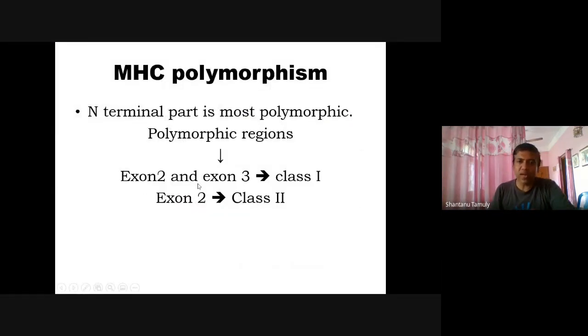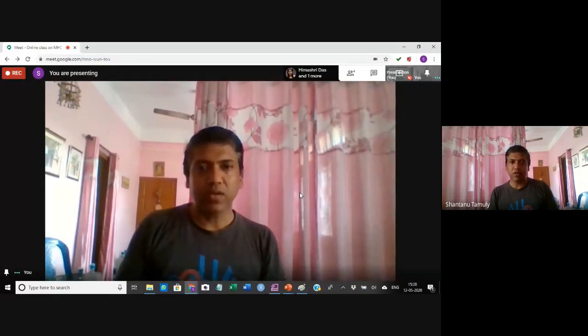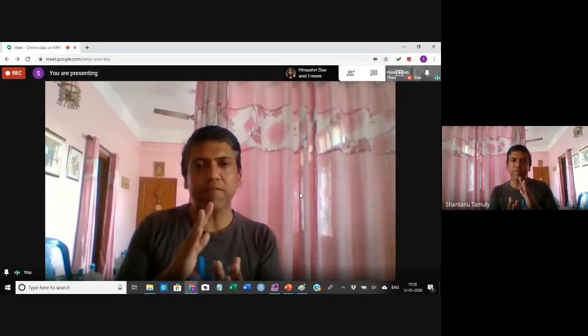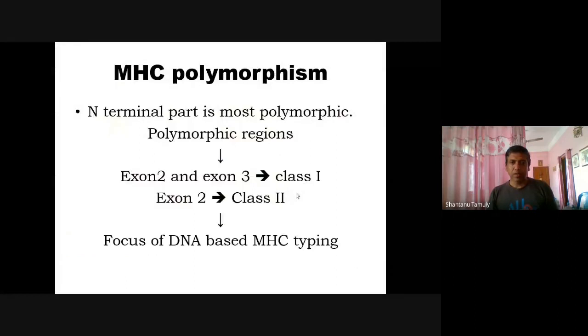So exon 2 and exon 3 of class 1 and exon 2 only for class 2 are highly polymorphic. That means if you sequence this region, you'll find that every individual has a different DNA sequence at that particular region. So this particular region of the MHC class 1 or class 2 genes is the focus of DNA based MHC typing.